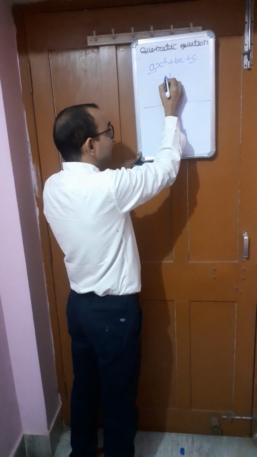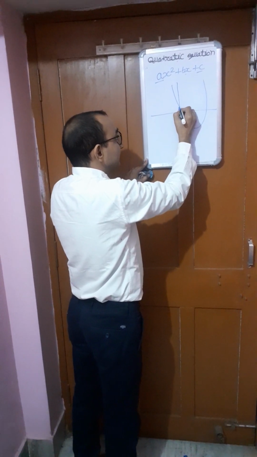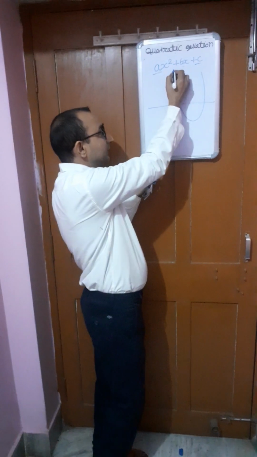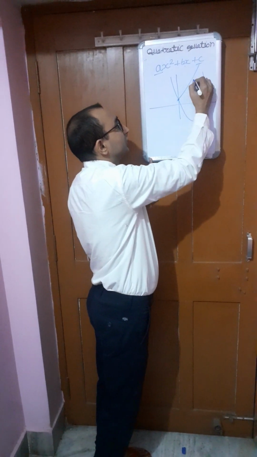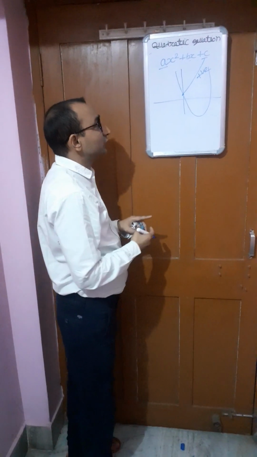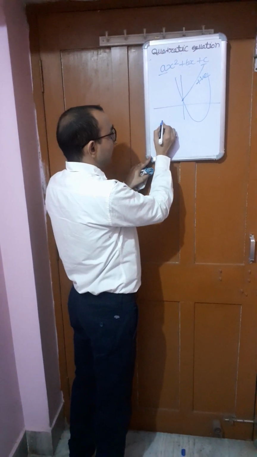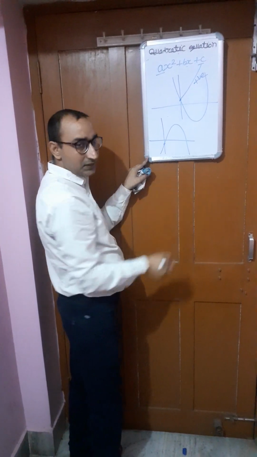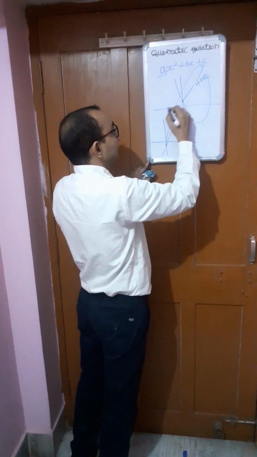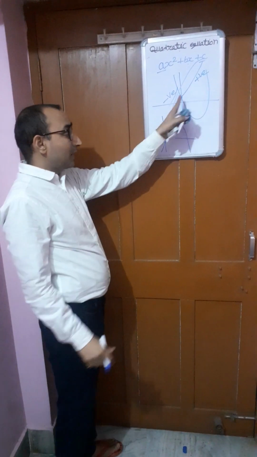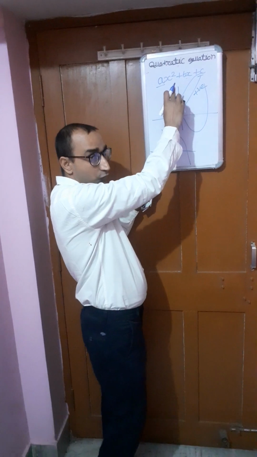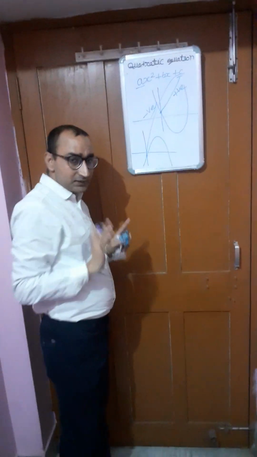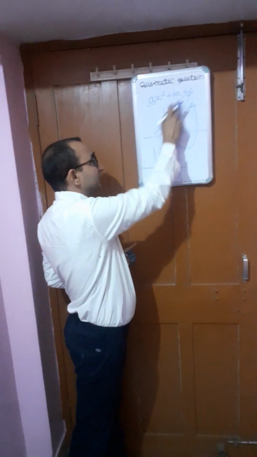If the parabola cuts the positive y-axis, then the sign of c is positive. If the parabola cuts the negative side, then c will be negative.